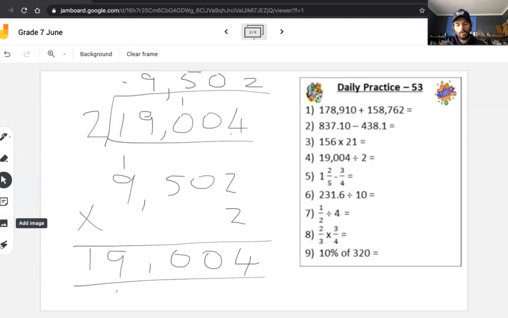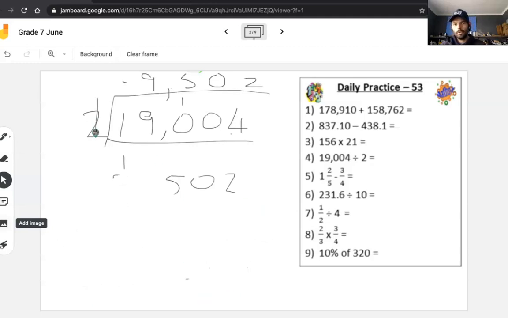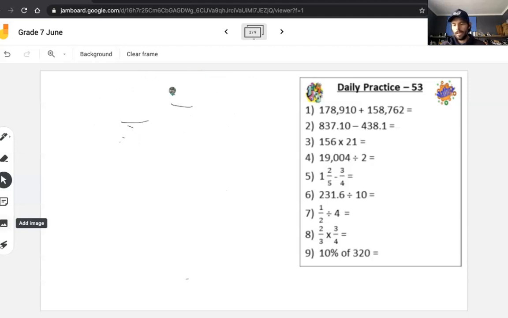Okay, then we move on to question number 5, which is a subtraction of fractions. And you'll notice that we have a mixed number, 1 and 2 fifths, minus 3 quarters. Okay, so what I'm going to do is convert that mixed number to an improper fraction.